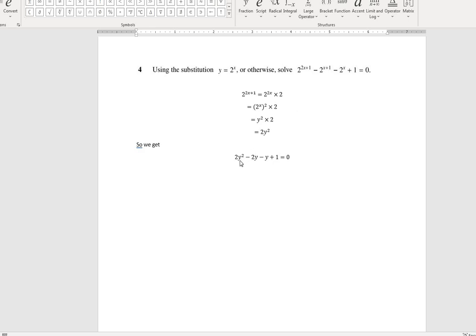So we get 2y square minus 2y minus y plus 1 equal to 0. If you can't get what I'm saying here, you may pause this video and try to figure it out. Any questions, you may directly WhatsApp me.